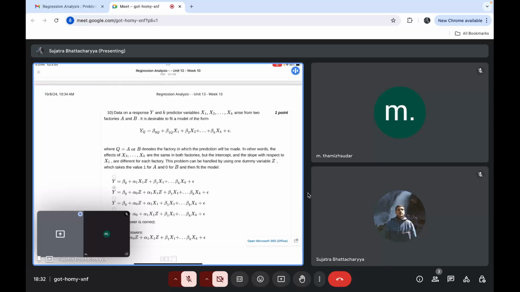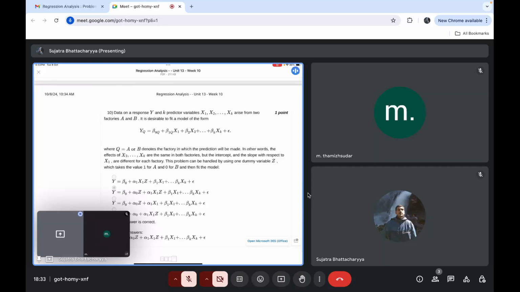Here is the factory in which the prediction will be made. In other words, the effects of x2 to xk are the same in both factories. So this will not change. So x2 to xk will remain the same. But the intercept and the slope with respect to x1 are different for each factory.